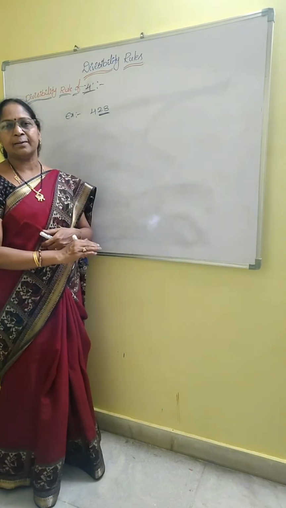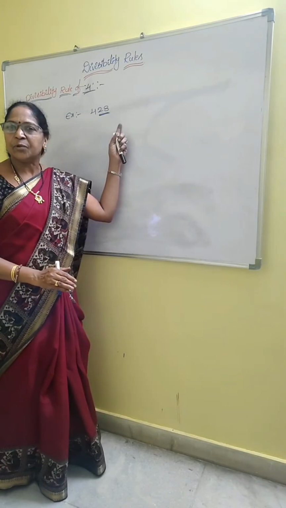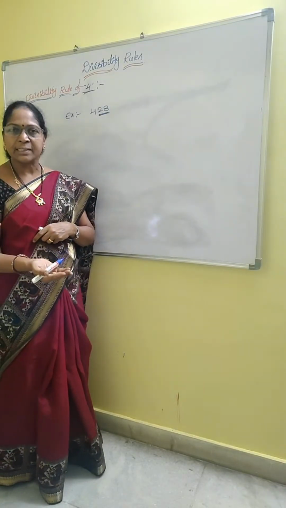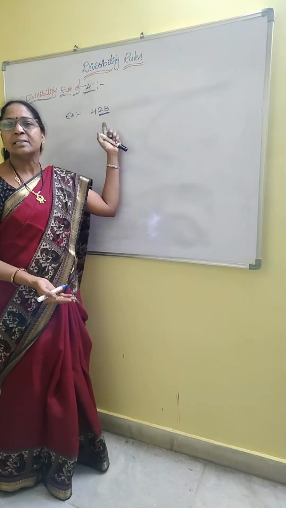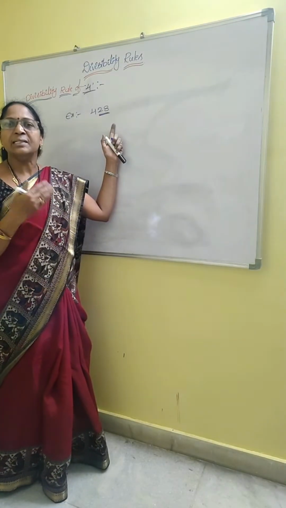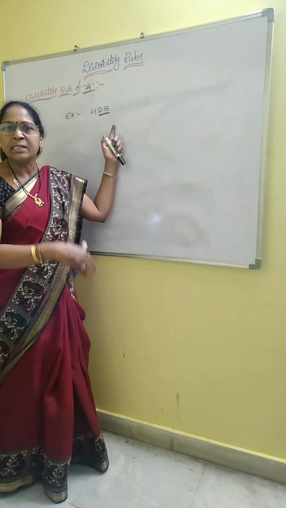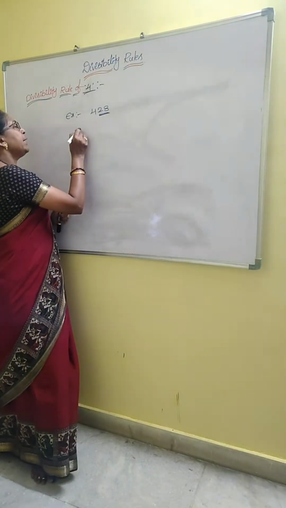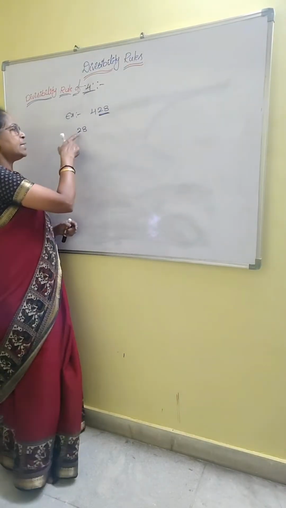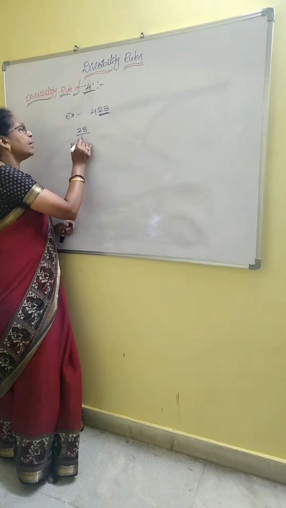Here the given number is 428, so the last two digits form 28. Just consider the last two digits only, that is 28. Now divide by 4.